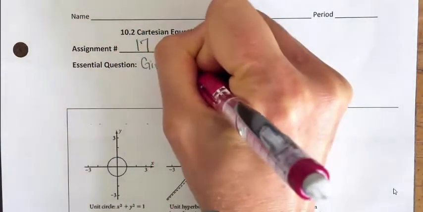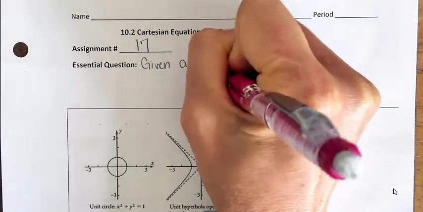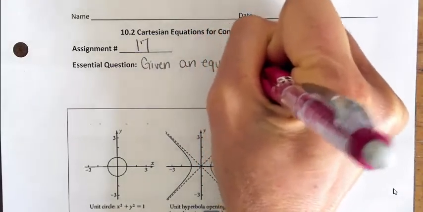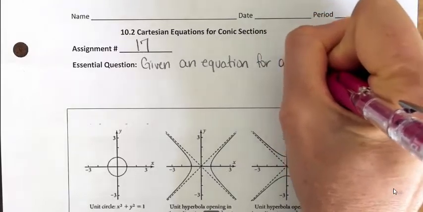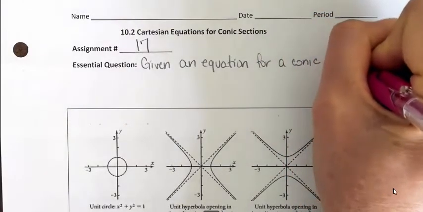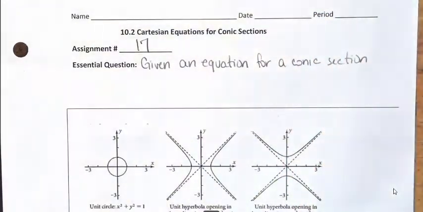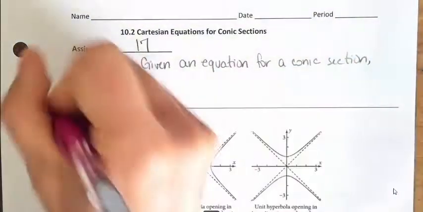So given an equation for a conic section, how do you plot the graph?